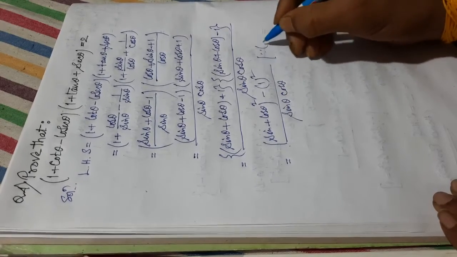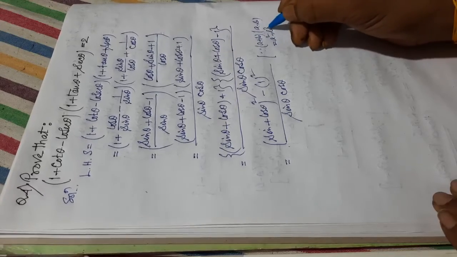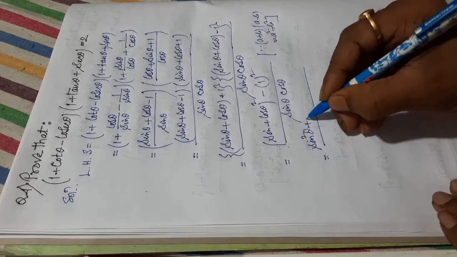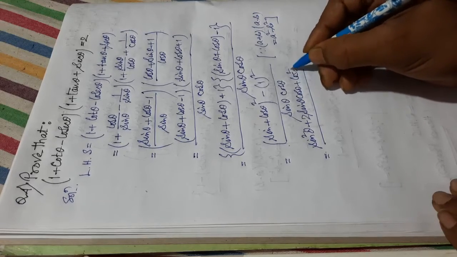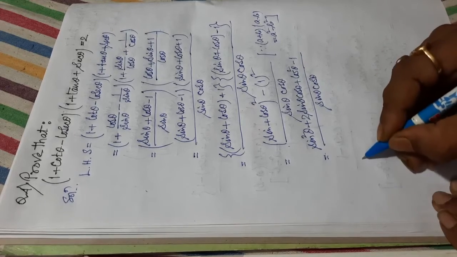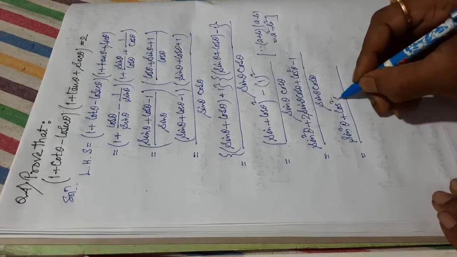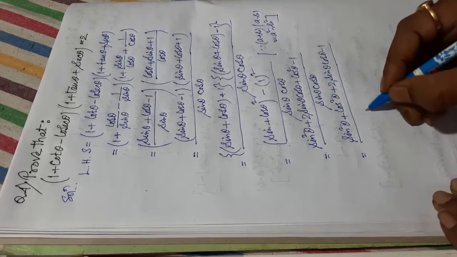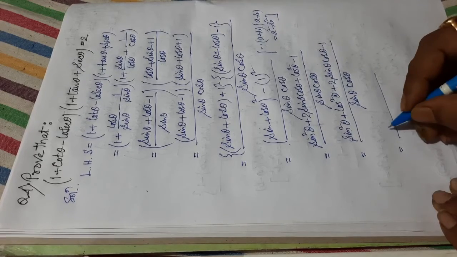Since A plus B into A minus B is equal to A square minus B square. Sin square theta plus cos square theta is equal to 1.